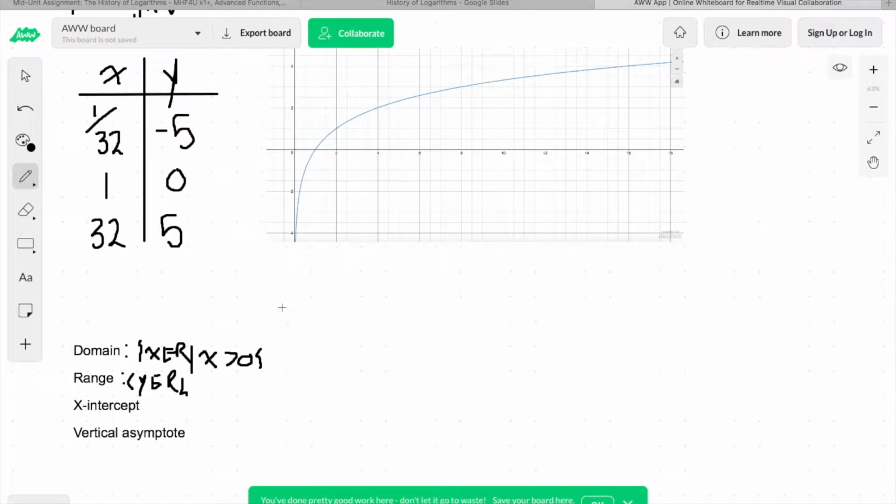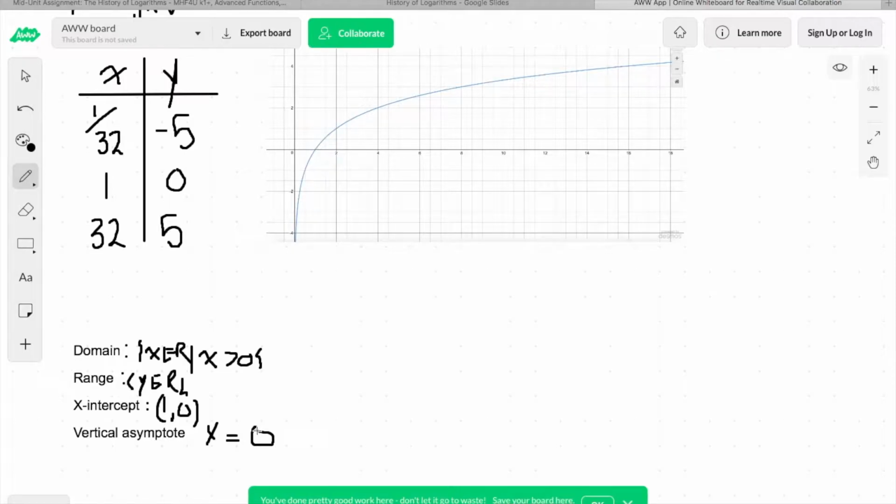The x-intercept is at (1, 0), so the graph touches the x-axis at that point. And then we have our vertical asymptote, which is x equals 0. The graph gets really close to 0, but it never touches it.